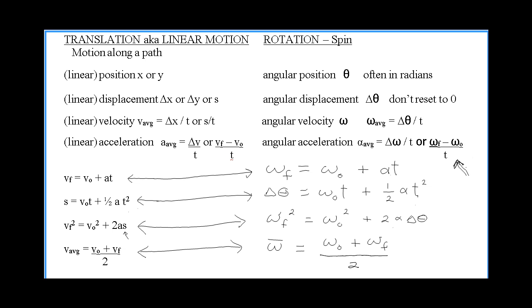Also, you want to watch out that when you're finding the average velocity, you divide by 2 as opposed to the acceleration equation where you divide by t for time. I mention that because it's not unusual for people to absent-mindedly put a 2 where they meant a t, or vice versa, or to mix the plus and the minus in these two formulas, because when you're saying these two formulas to yourself, they actually sound kind of similar.